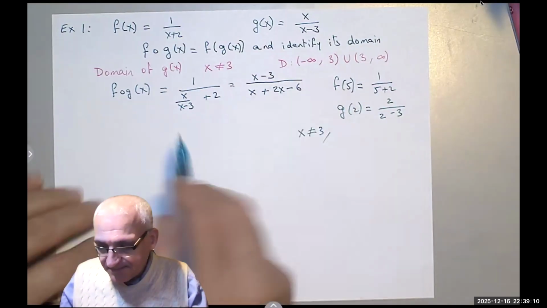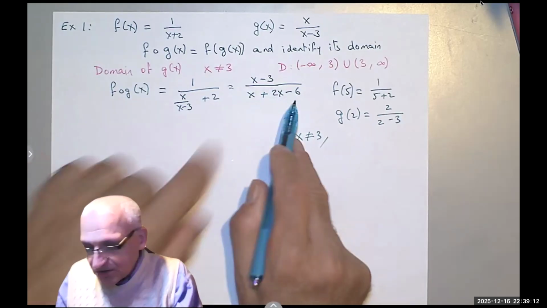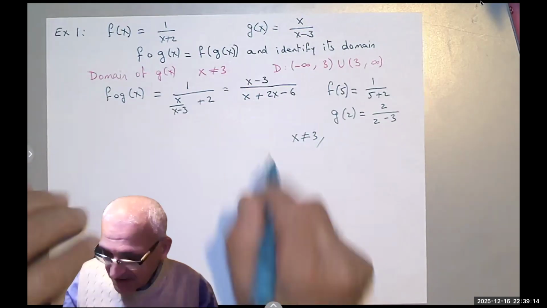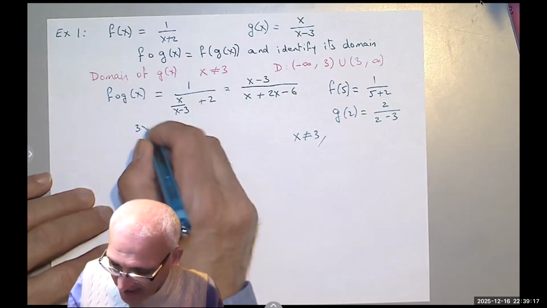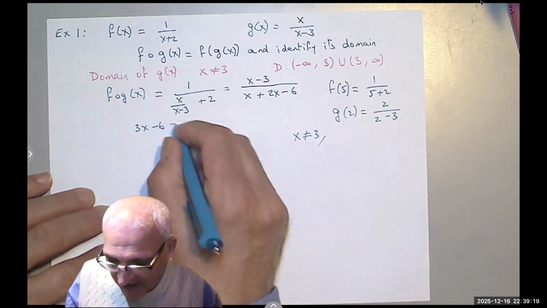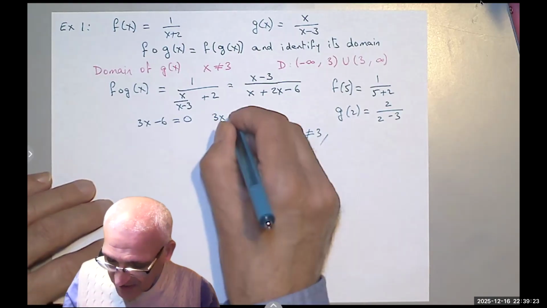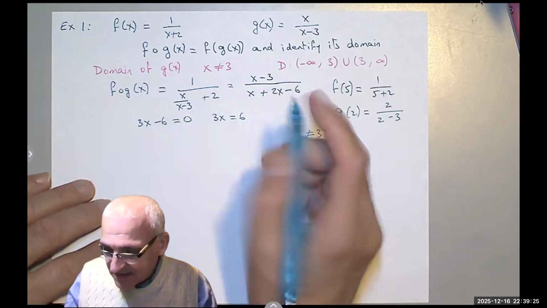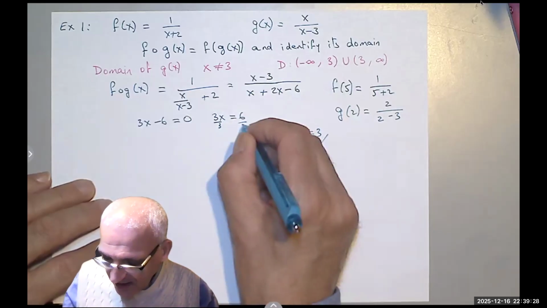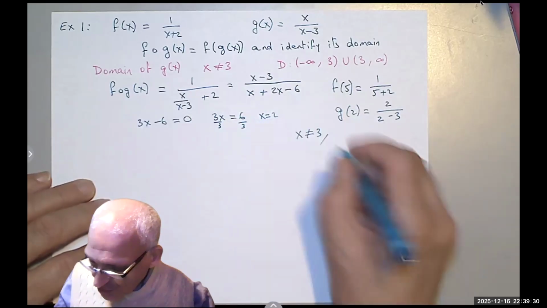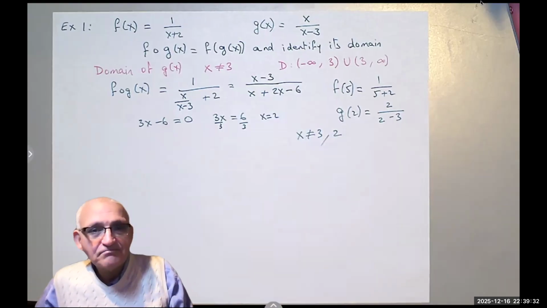And what else? Notice here, I also don't want the denominator to equal 0, but the denominator is 3x minus 6. If I equate it to 0 and solve, I get 3x equals 6 by adding 6 to both sides, and then I divide by 3 and get x equals 2, so x cannot equal 2.